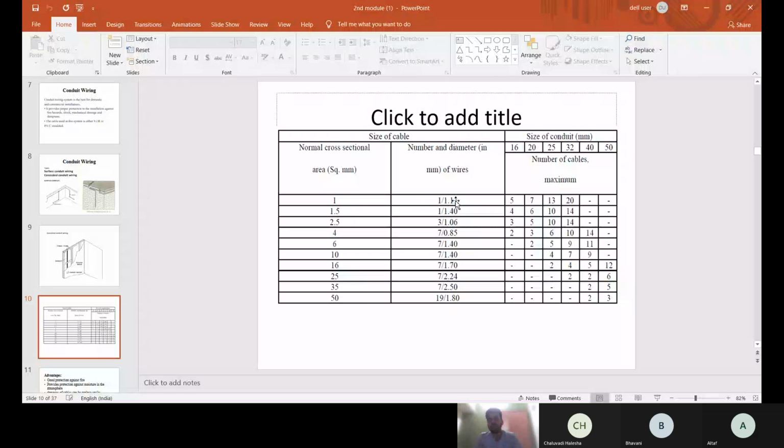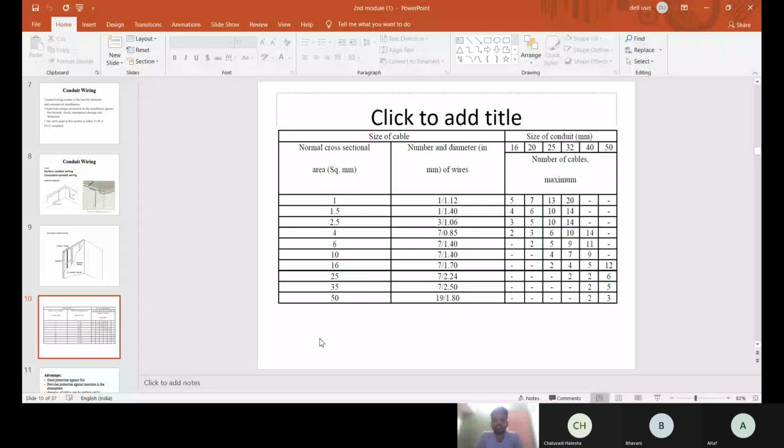If our home appliances consume 1 ampere of current, then 1 by 1.12 mm wire we need to connect through the 16 size conduit. A maximum of 5 cables can pass through the 16 conduit. So we need to decide the size of the wire based on the amount of load connected, the number of wires we need to pass through the conduits, and the cross-sectional area. By studying this chart, we can decide the size.